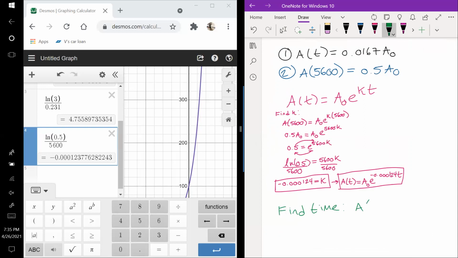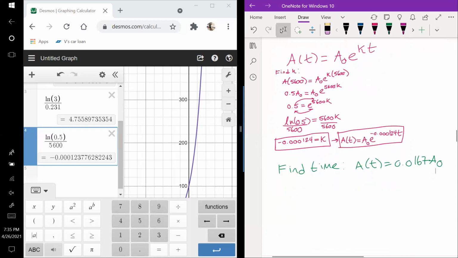So we know that A of t is equal to 0.0167 A initial. And we will now take that and set it equal to our new equation, A initial times e to the negative 0.000124t.